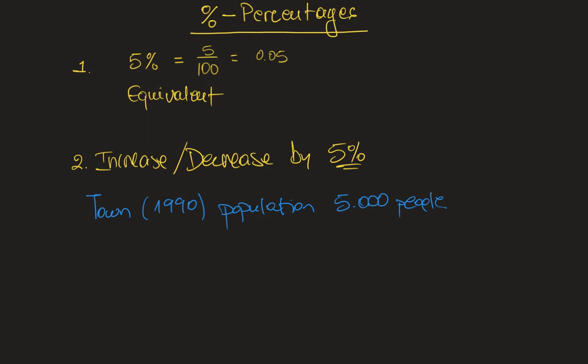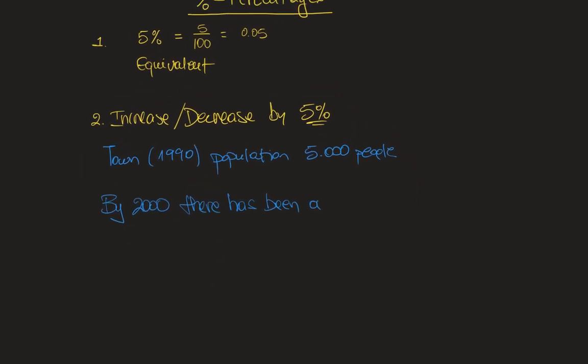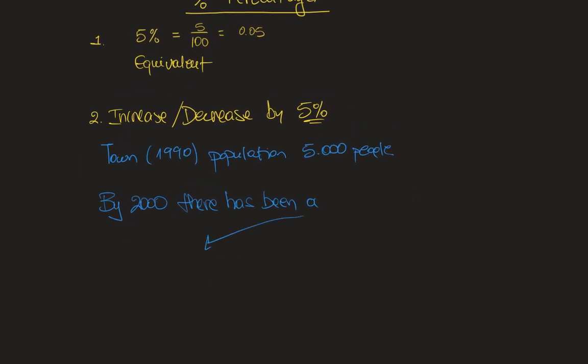And then over the next 10 years, so by 2000, we're going to check two different scenarios: a 5% increase or a 5% decrease.